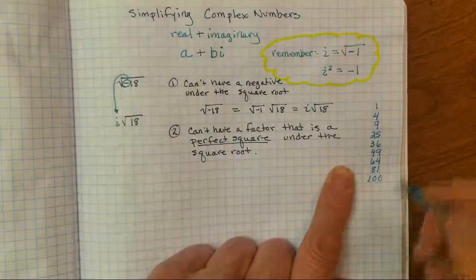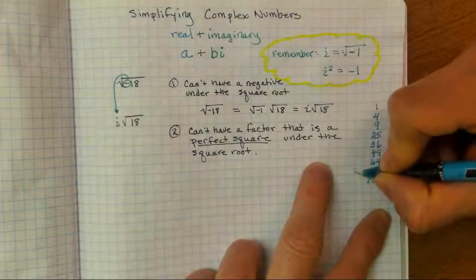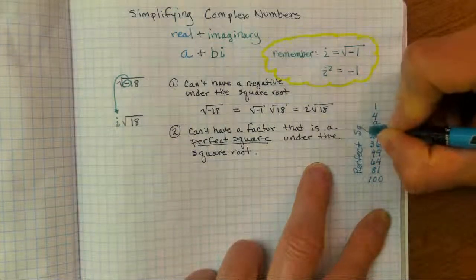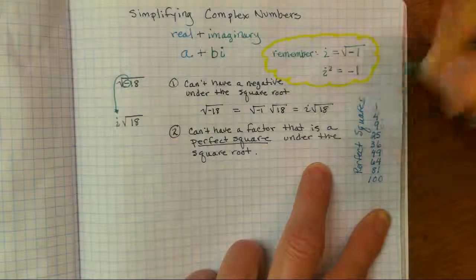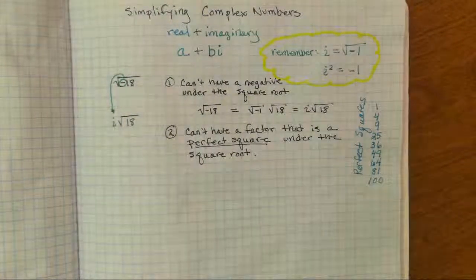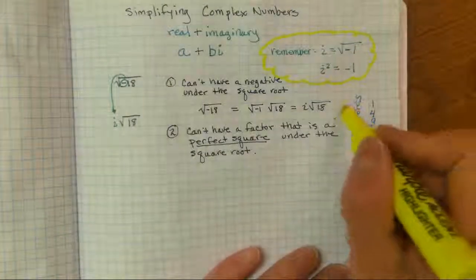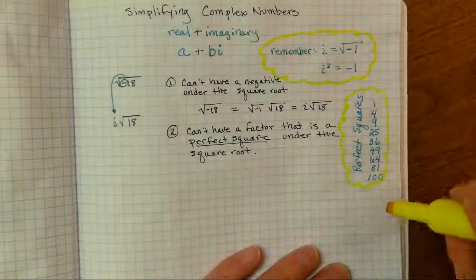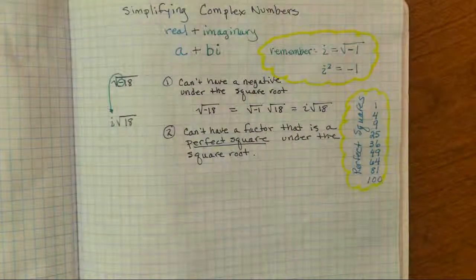Okay, so these here are my perfect squares. Okay, so that's another real important thing that I need to keep in mind. And granted, they keep going on forever. I'm just stopping at 100.